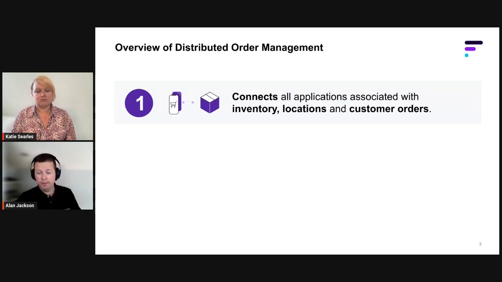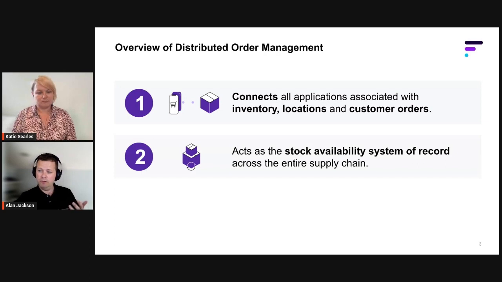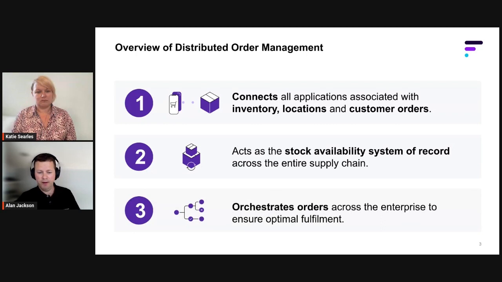So it's all of the areas around your customer data, the locations you want to fulfill from, the inventory they hold, and bringing all of that together so that you can provide a view of availability and a view of how you want to present that stock across your supply chain and into your purchase channels. And then once customers are placing orders, you're able to orchestrate them in an automated fashion as much as possible, together with keeping transparency and customer centricity at the heart of what you're doing.